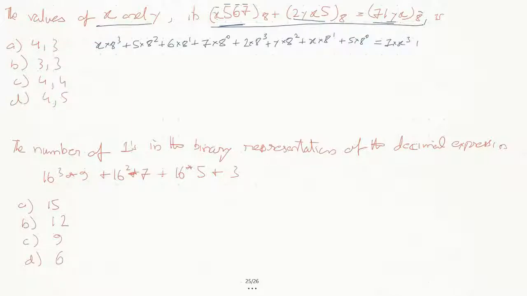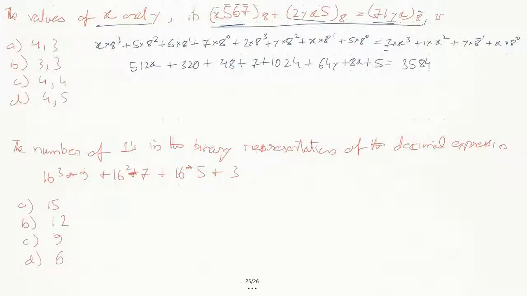3 times 8 to the power 2 plus y into 8 to the power 1 plus x into 8 to the power 0. Okay, so after evaluating the entire thing, we are going to get 512x plus 320 plus 48 plus 7 plus 1024 plus 64y plus 8x plus 5 is equal to, if we evaluate the entire sequence, 3584.